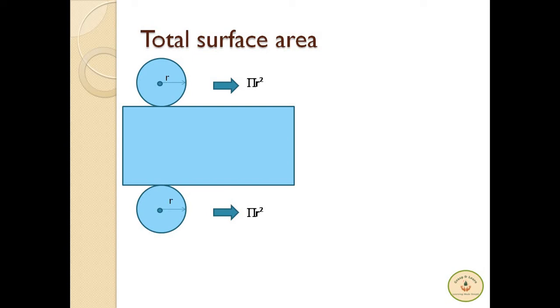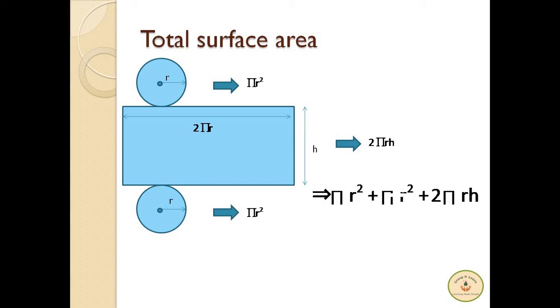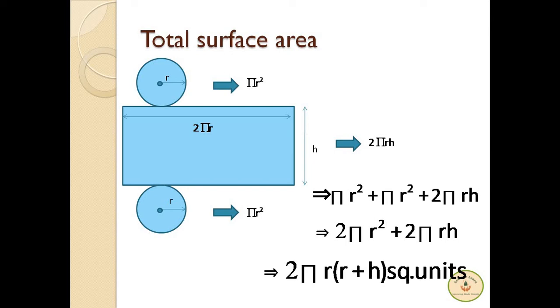Here the rectangle is rolled over along its length, which is equal to the perimeter or the circumference of the circular base. Thus the length becomes equal to 2 pi r, which is nothing but the circumference of the circular base. And the breadth here is termed as the height of the cylinder, which is h. So the area of the curved surface becomes 2 pi r into h. When we add all these three areas and take 2 pi r common, we obtain 2 pi r into the bracket r plus h square units. Since we are calculating the area, square units is used here.